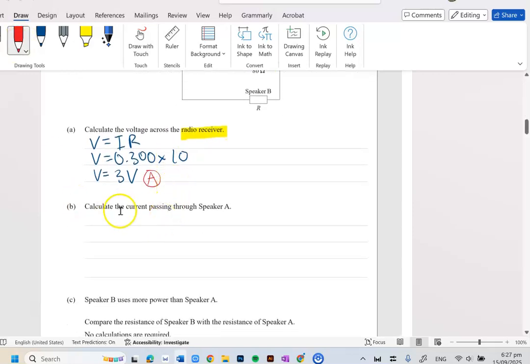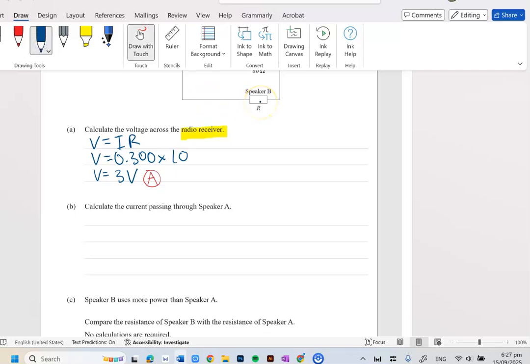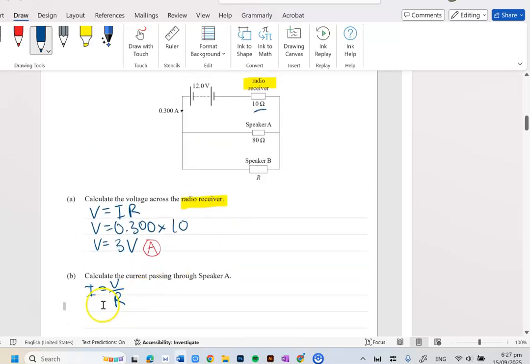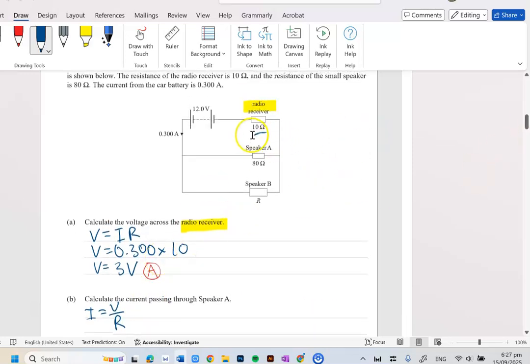Next. Calculate the current passing through speaker A. Okay, so first of all, our current equation is just V equals IR rearranged, so I equals V over R. Now, we know that the resistance is 80, but our voltage, because this is a series circuit, we know that this radio receiver is 3 volts, because that's what we calculated.